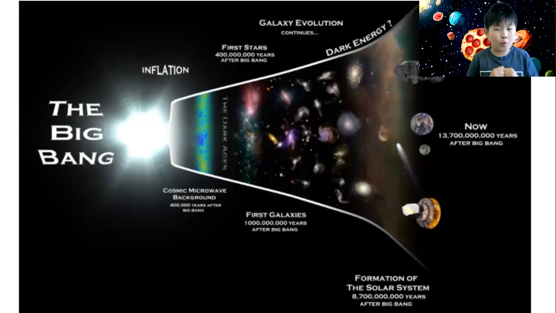And then the universe was pulled apart by a mysterious force called dark energy. And after the formation of the solar system, in a very long time after, there is a hairless ape that is talking about the subject right now. Ha!